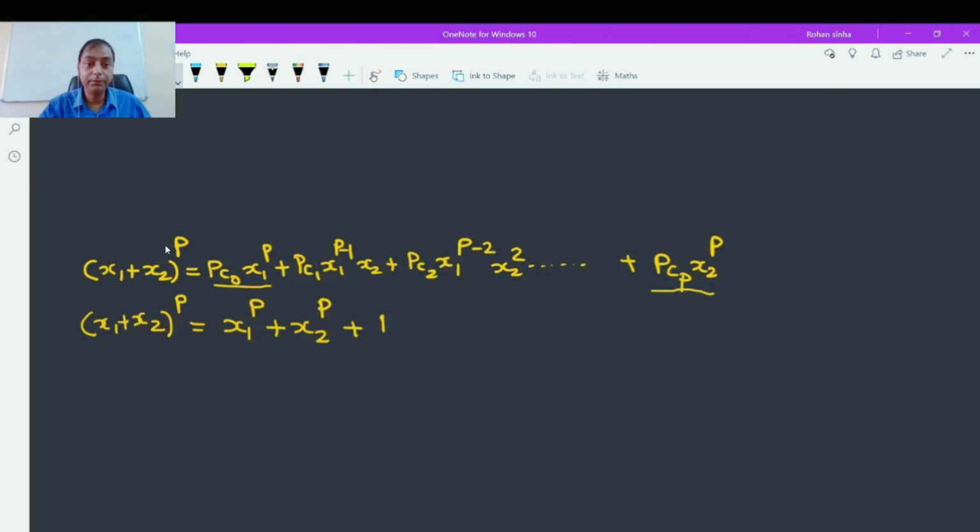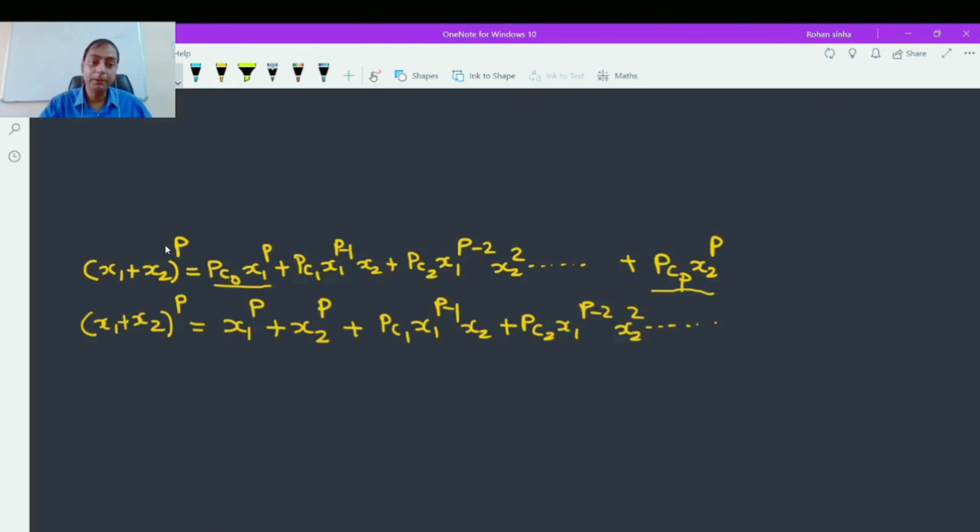And what about this PC1 x1 raised to P minus 1 into x2, PC2 x1 raised to P minus 2 x2 square? Now, what about P? P is a prime number.